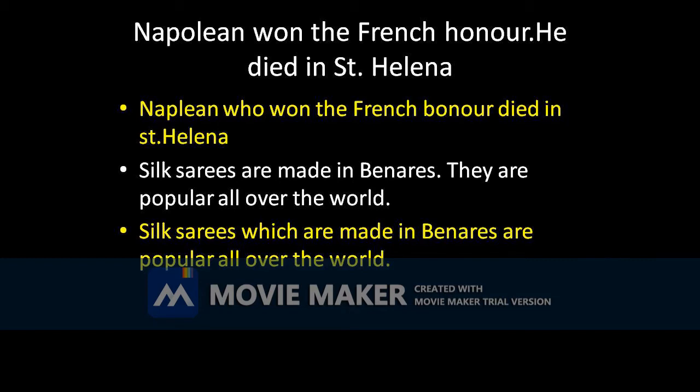Here, who is a relative pronoun and who was the French hero is a relative clause, telling something about Napoleon. So how do you write it? Napoleon, who was the French hero, died in Saint Helena. And here the relative pronoun who is talking about Napoleon.